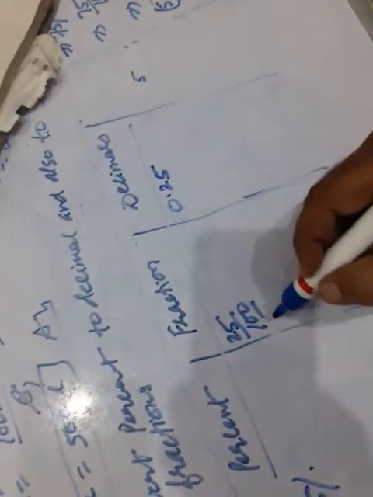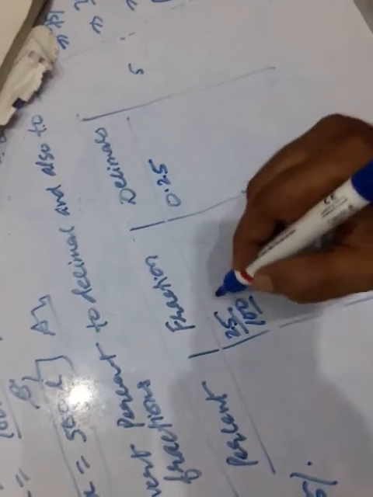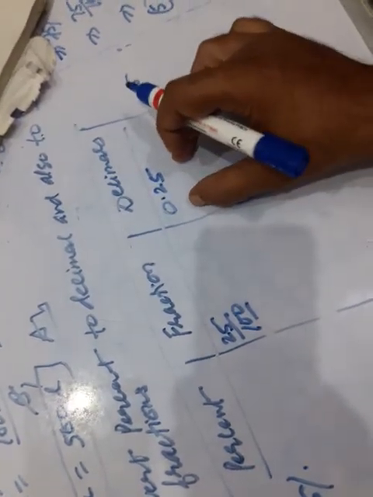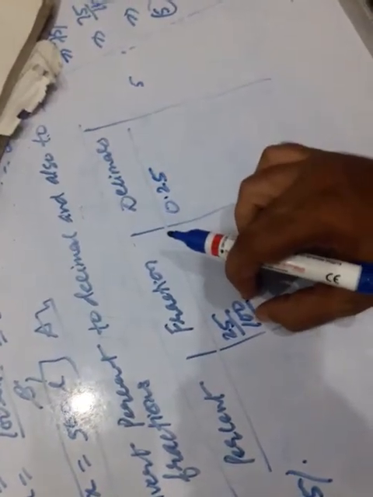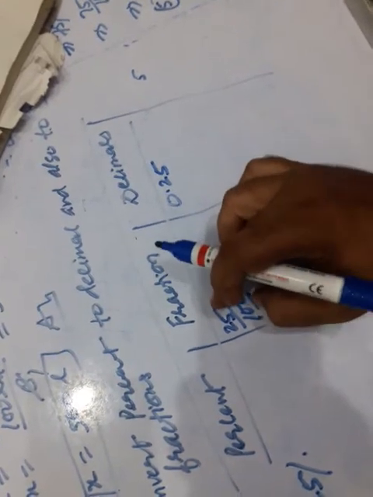Okay children, 25 upon 100, number of zeros in the denominator is 2. Where is the decimal point in 25, children? This is at the rightmost. It is not visible, but as and when required it will be visible, 25.00 can be written. It can be converted into decimal like this: number of zeros in denominator 2, so the decimal point will be shifted to the left by 2 digits.